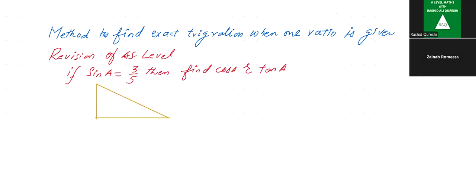Now we have to write the names of this triangle. Suppose this point is A, this point is C, this point is B. If this angle is 90 degrees, that is called the right angle triangle. And suppose this angle is the angle A in this question.